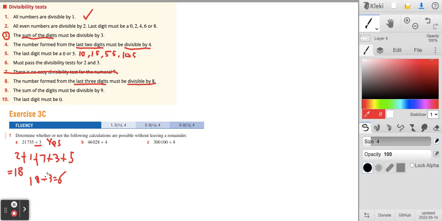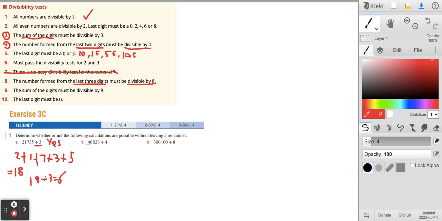So I'm just using this test to determine whether it can be divided by 3 or not, without actually doing the calculation. Let's try 1B. Can the number 46,028 be divided by 4? For 4, the number formed from the last 2 digits must be divisible by 4.